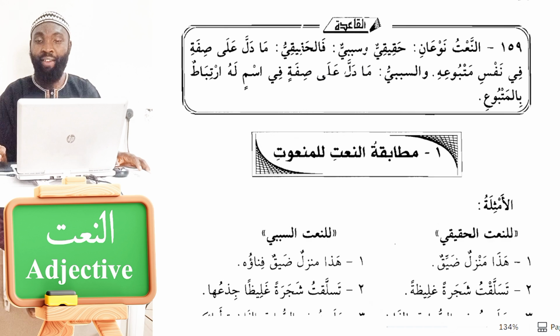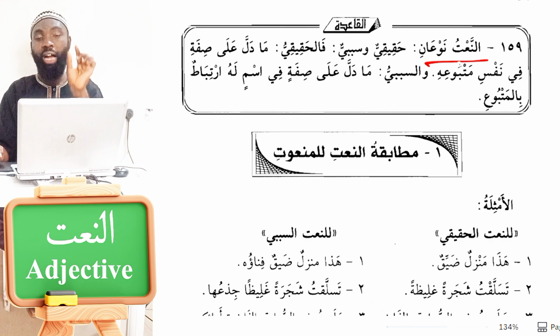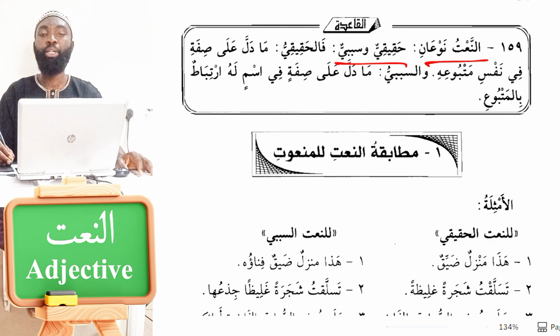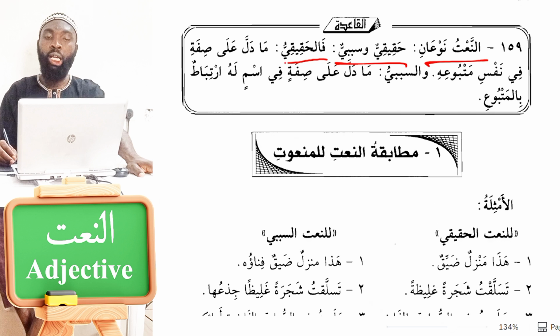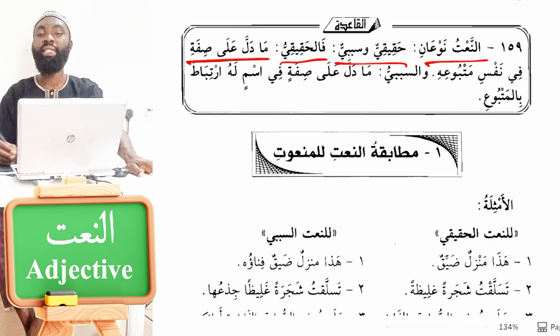Now moving on, we have the qa'ida, the rule. The rule says an-na'tu naw'ani. The adjectives are of two classes, of two types. We have haqiqi and sababi. We have the real adjective and we have the causal or the relational adjective. As for the real adjective, it is the one that tells us a quality of the noun which it follows.